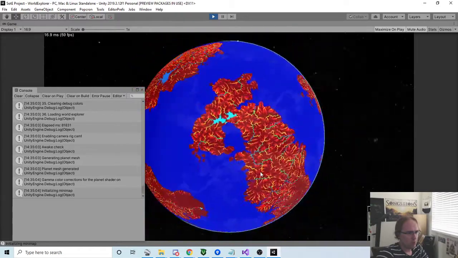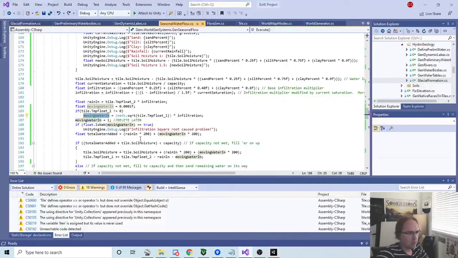See, that's what's weird. Okay, no, I had set it. I'd force set it to a particular argument. What's confusing is this should have never even been calculated. I'm so confused. Because this, as it is, if temp float does not equal 0, I'll do this calculation. Otherwise, moving water is 0.